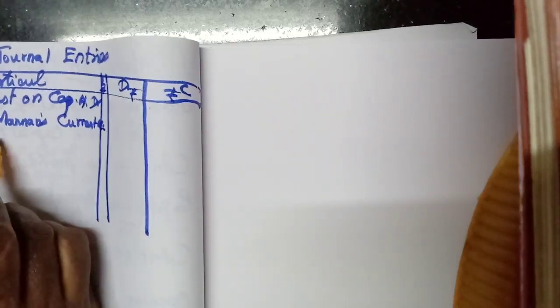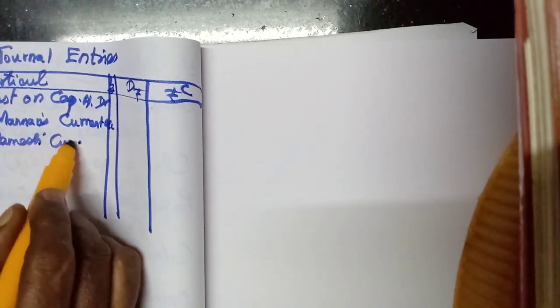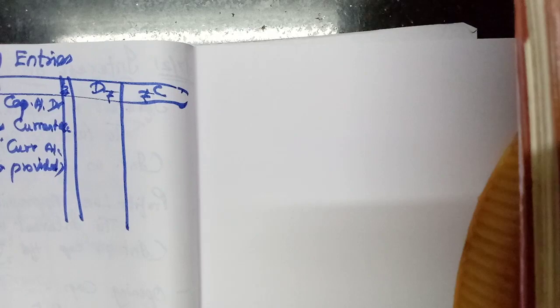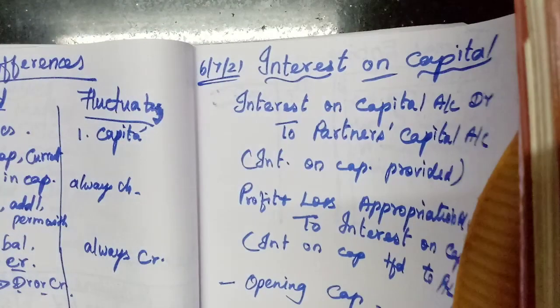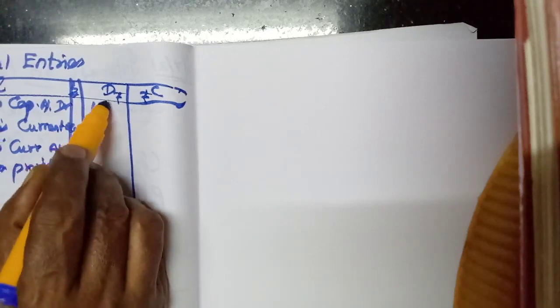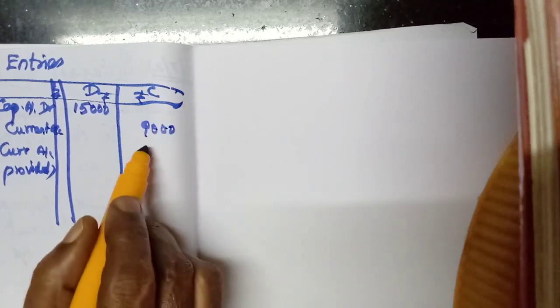Here current account, not capital account. To Ramesh's current account. Interest on capital provided. What we have calculated? 9,000 and 6,000, so total 15,000. Here 9,000, here 6,000.